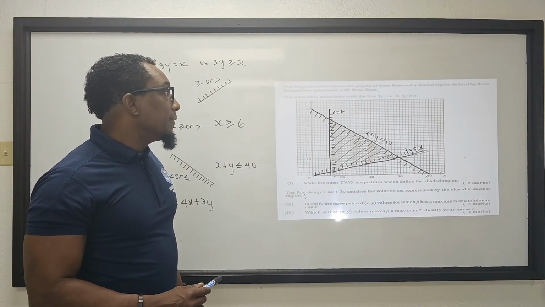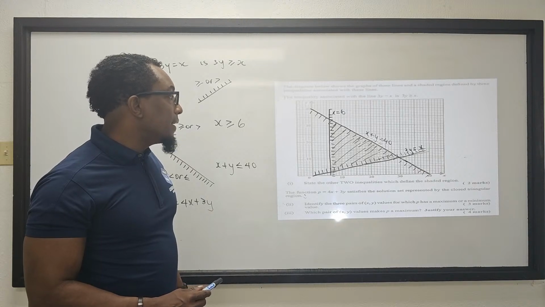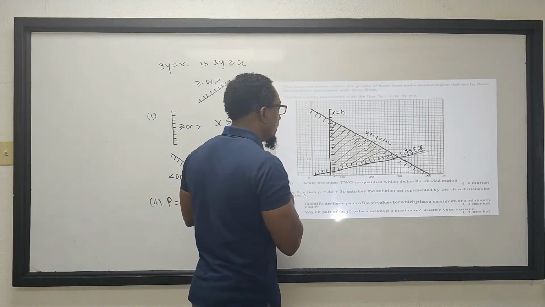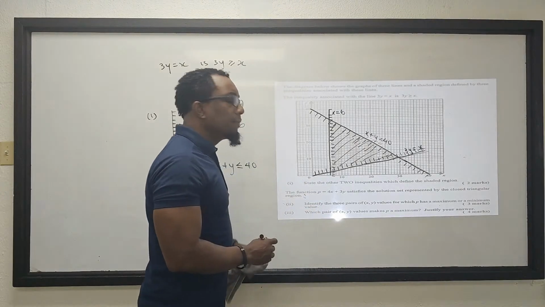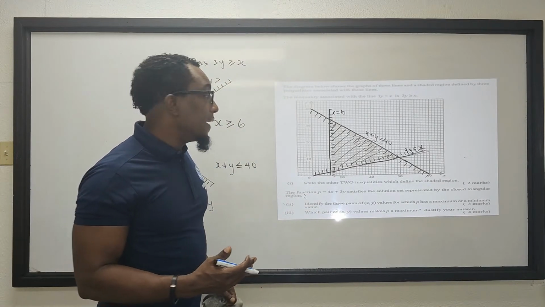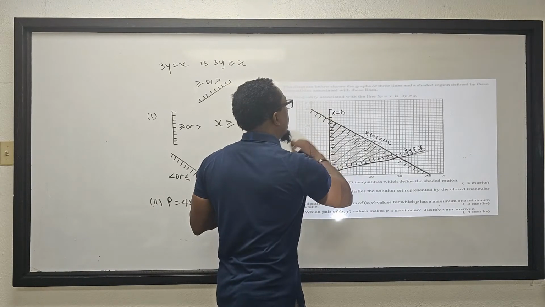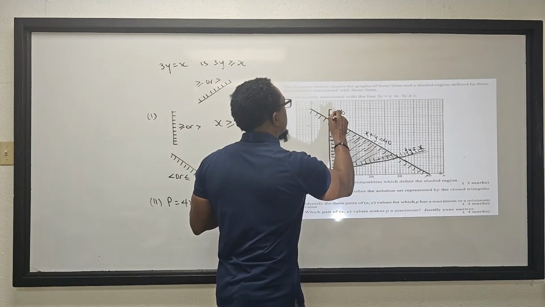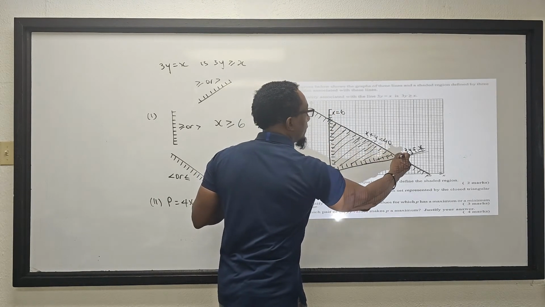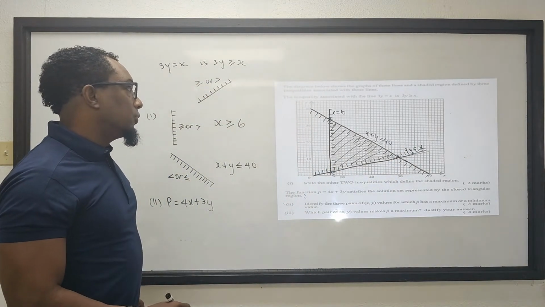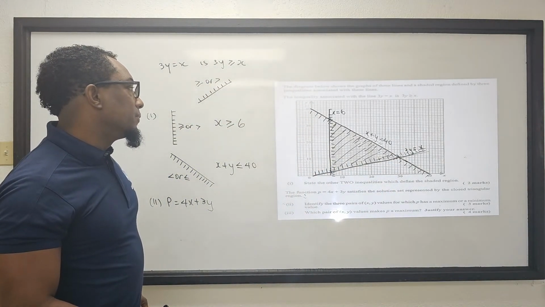So first, identify 3 pairs of xy values. Then it's simply a case of looking at the coordinates of each vertex of the satisfied region, which is a triangle. One here, and one here. So 3 pairs of xy values.